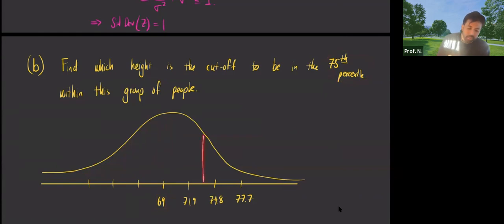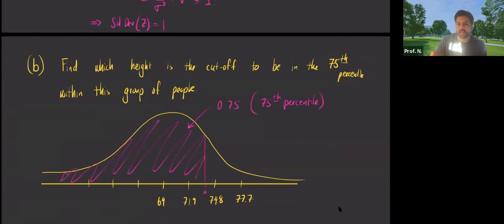So what do I want to find? I want to find this. What is this value here whose area is 0.75? This represents the 75th percentile. I am taller than 75% of the people in the group.